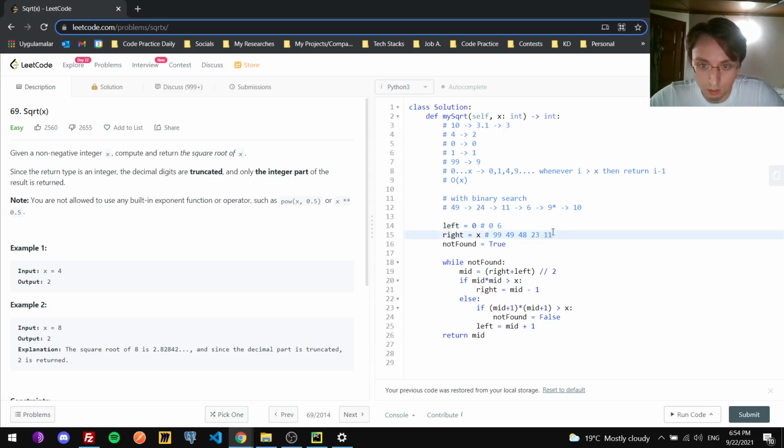The 17 divided by 2 will be 8. We have 8 times 8 is smaller, so we come here, we increment by 1.